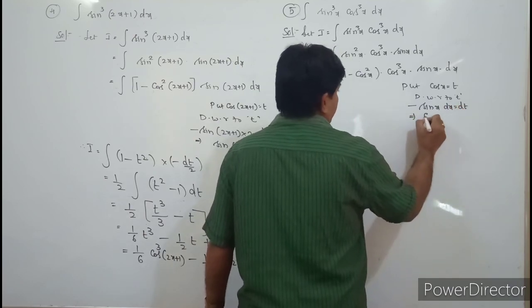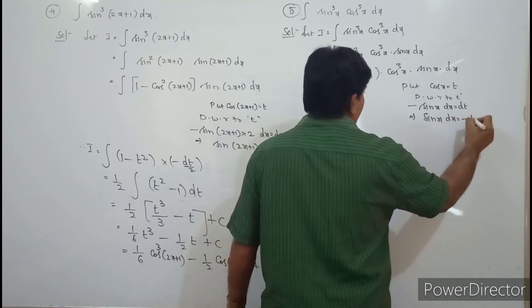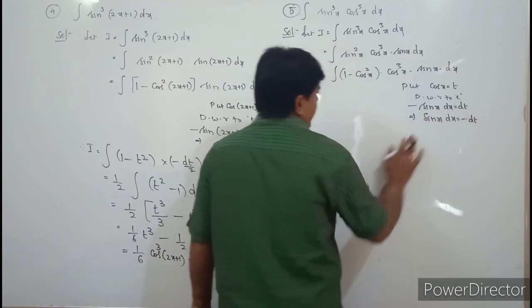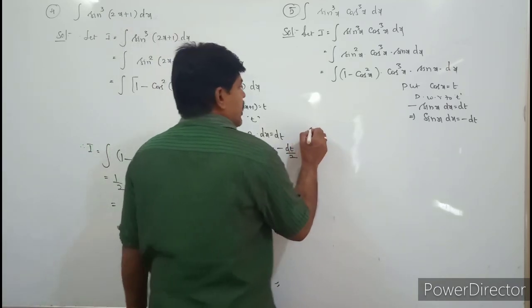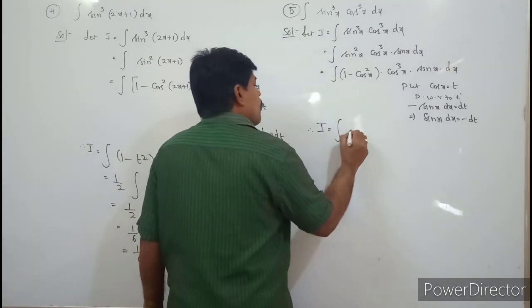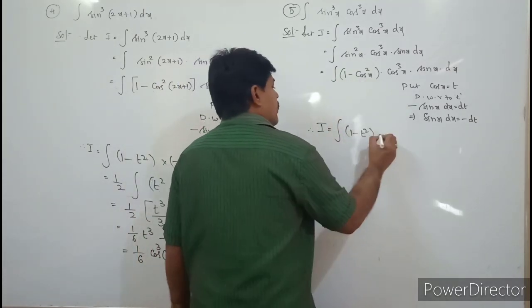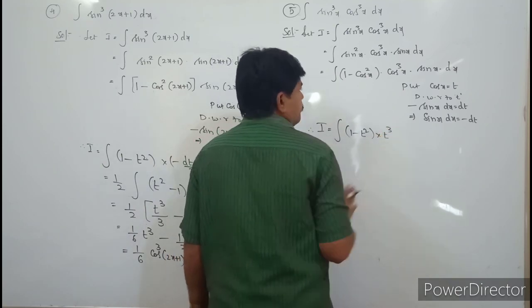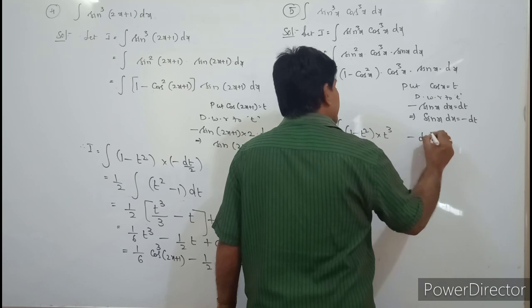So that implies sin x into dx is equal to minus dt. So therefore I is equal to, what is the I value? 1 minus t square into t cube, and sin x into dx value will become minus dt.